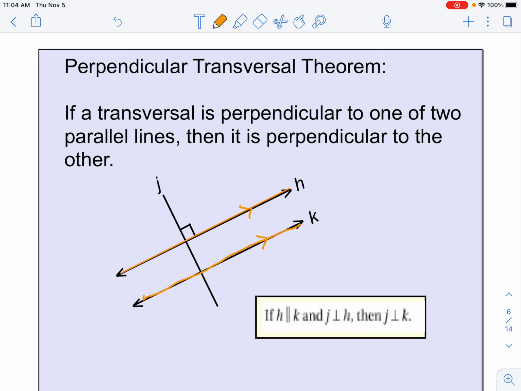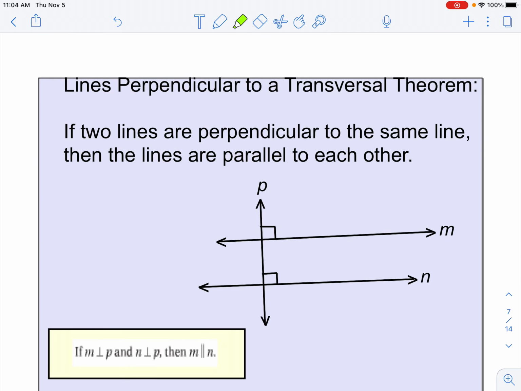So if H is parallel to K, and this transversal J right here is perpendicular to H, then J will also be perpendicular to K, because those are parallel lines, and these two angles right here are called corresponding, and when you have parallel lines, corresponding angles will be congruent, so that's why J will be perpendicular to K as well.